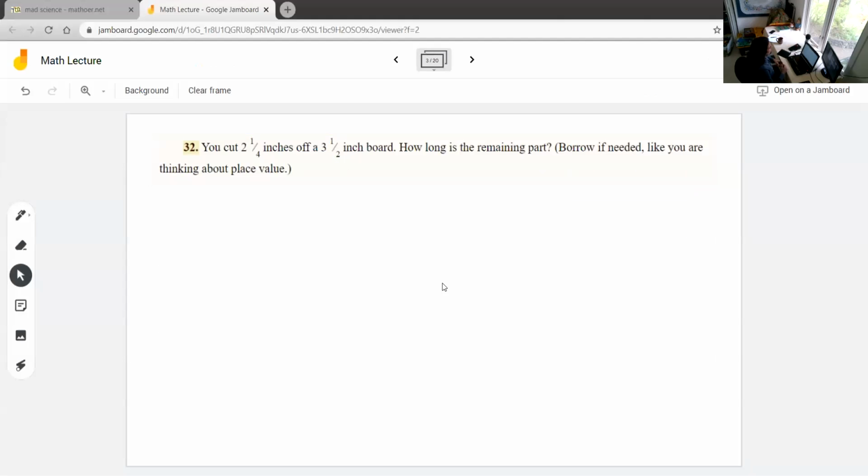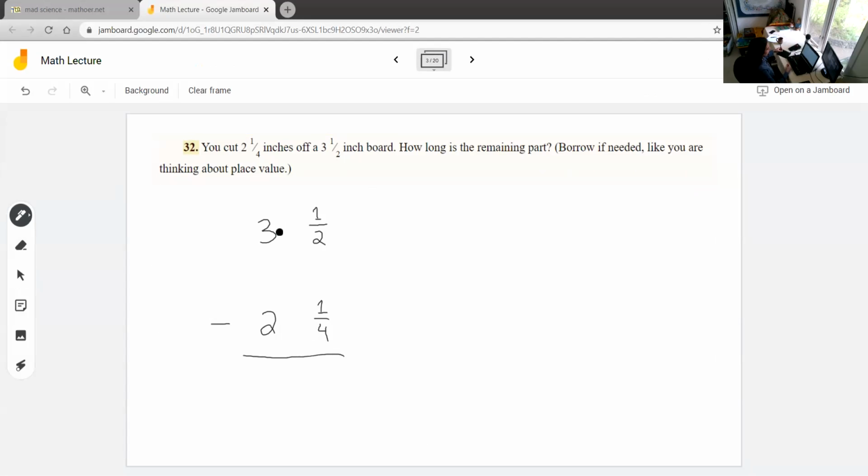So we start with a problem where we have a 3.5 inch board, and I want to cut off 2.25 inches. How much is left? Not a very practical situation, but it's a math class. We're just doing this because the numbers are nice.